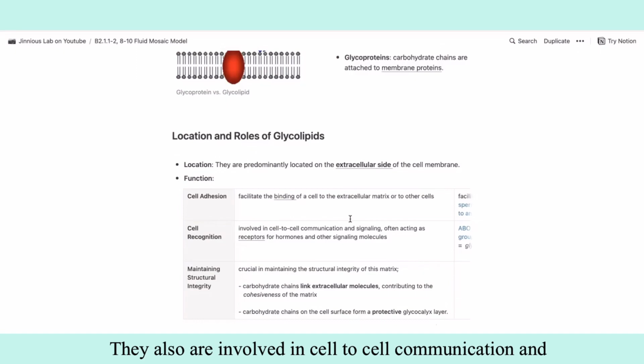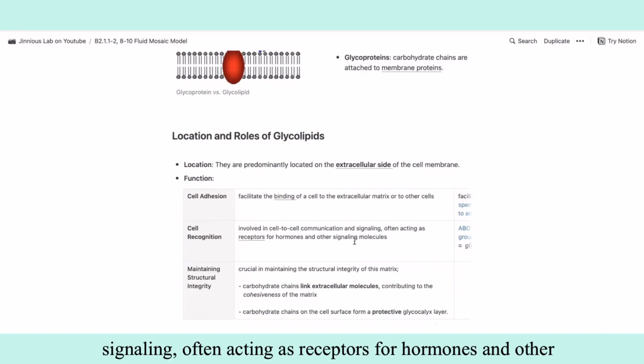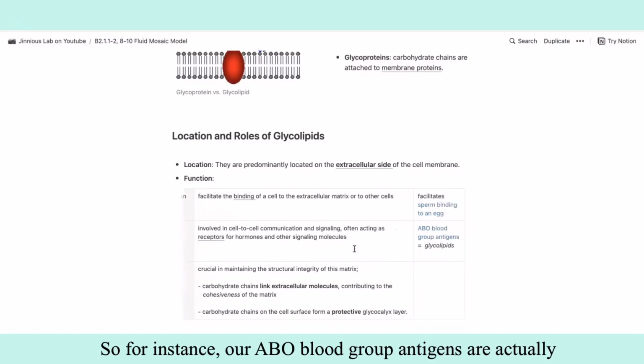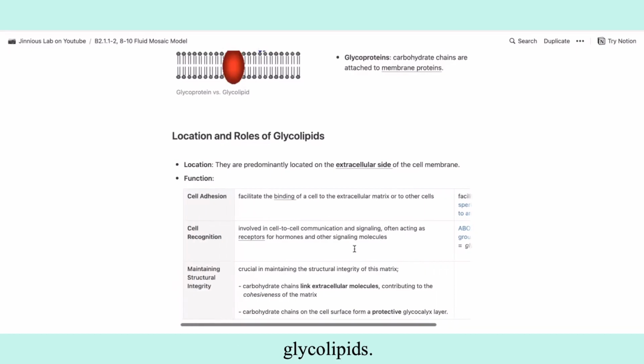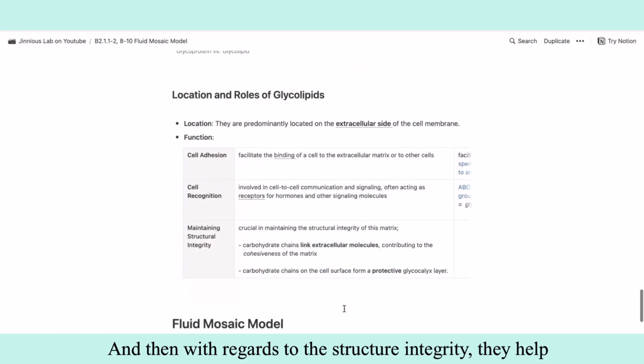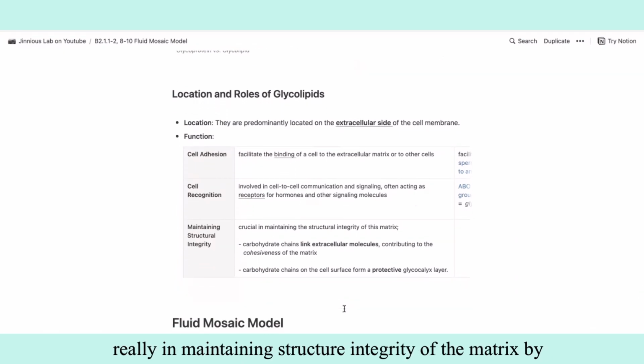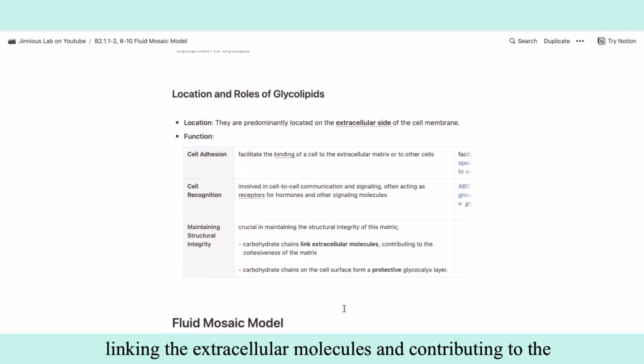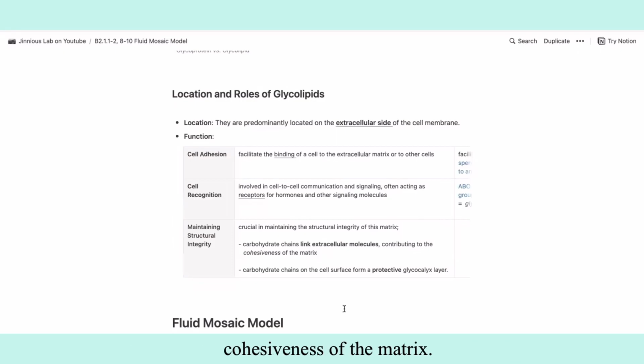They are also involved in cell-to-cell communication and signaling, often acting as receptors for hormones and other signaling molecules. For instance, our ABO blood group antigens are actually glycolipids. And with regard to structural integrity, they help maintain the structural integrity of the matrix by linking the extracellular molecules and contributing to the cohesiveness of the matrix.